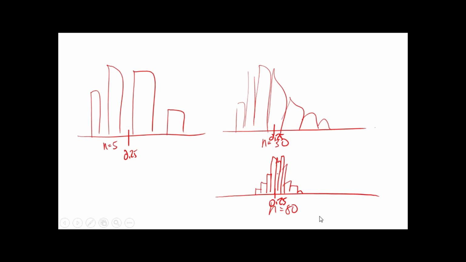So it turns out this will always be the case. And just like the sample mean has these nice properties, the central limit theorem also applies for proportions. Okay. So, how do you phrase this?